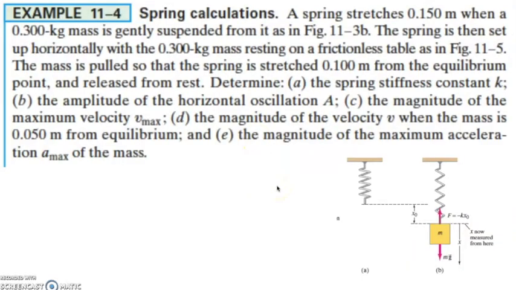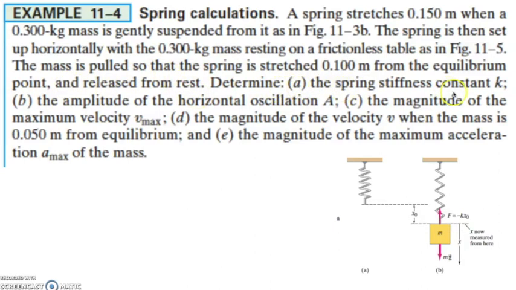More spring calculations. So we're stretching it 0.15 meters when a 0.3 kilogram mass is suspended from it, so it goes from equilibrium down. The spring is then set up horizontally with the mass resting on a frictionless table. The mass is pulled so that the spring is stretched to 0.1 meters from the equilibrium point and released from rest.